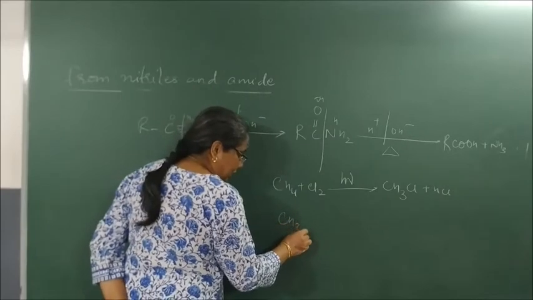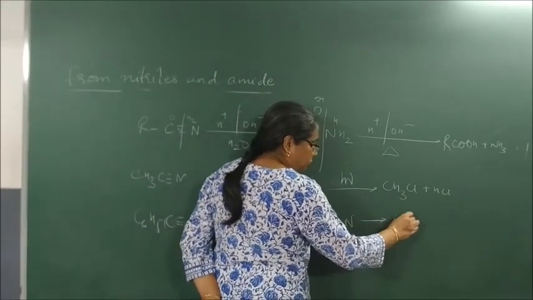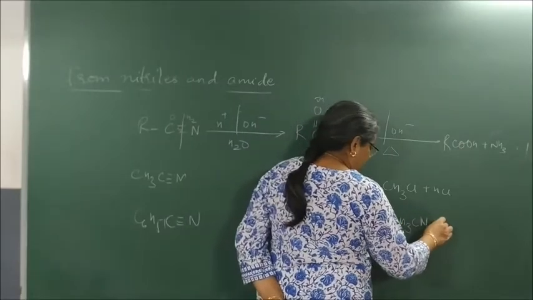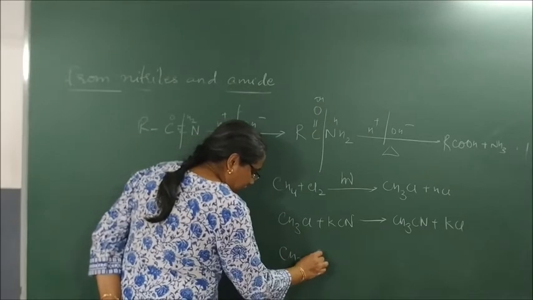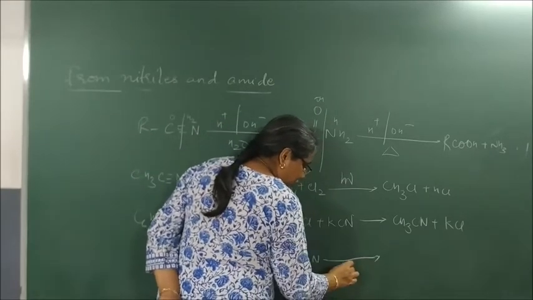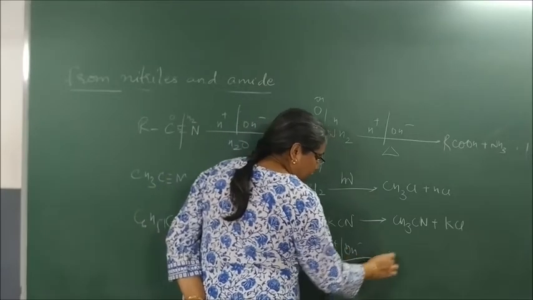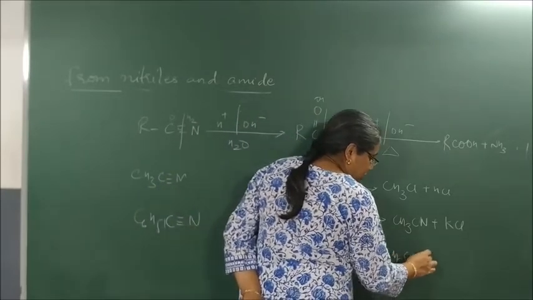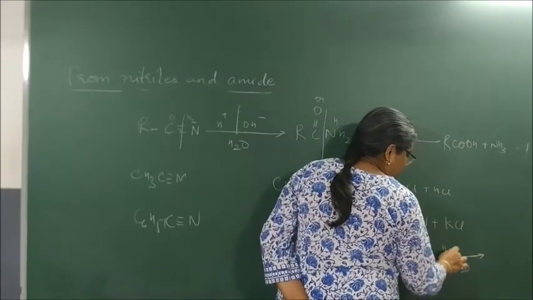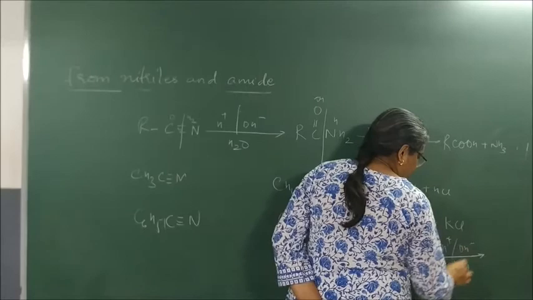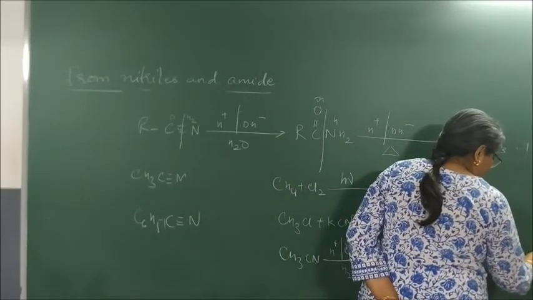Then CH3Cl reacts with KCN to form CH3CN plus KCl. CH3CN, on hydrolysis in presence of H plus or OH minus, forms CH3CONH2, which on further hydrolysis with H plus and OH minus on heating gives CH3COOH.